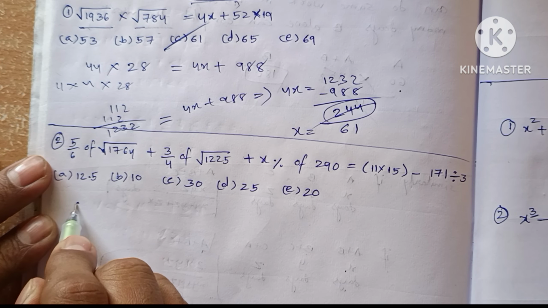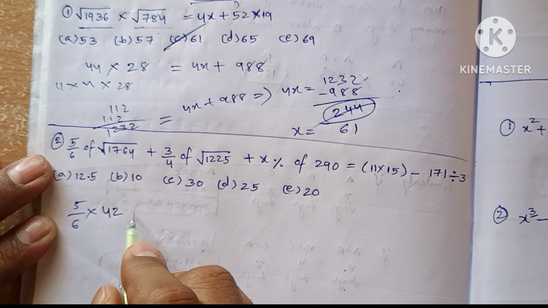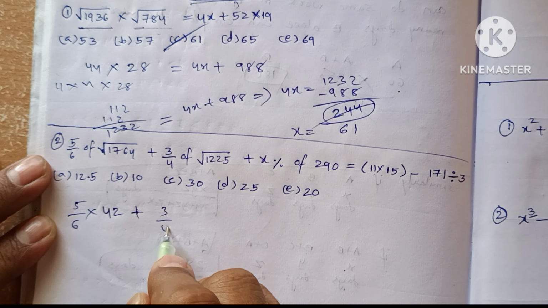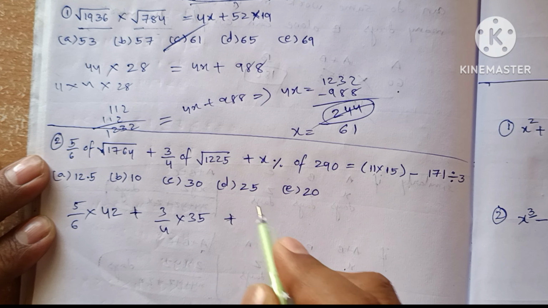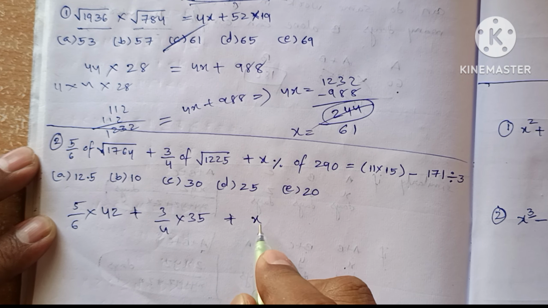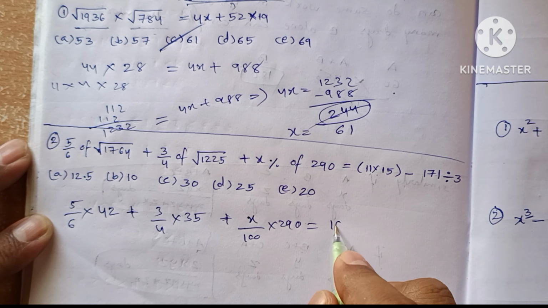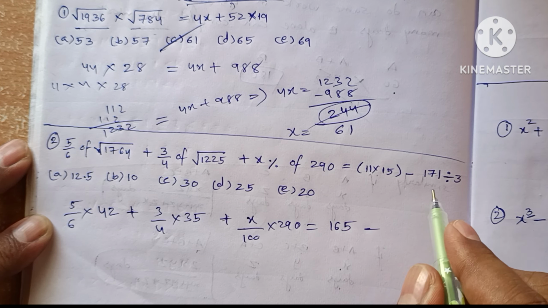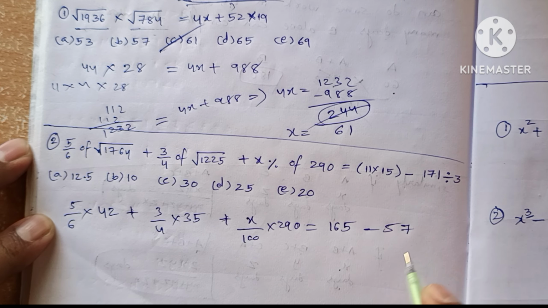This is 5 by 6 into 42 plus 3 by 4 into 35 plus x by 100 into 290 equals 165 minus 3. 5 times 15 and 7 times.